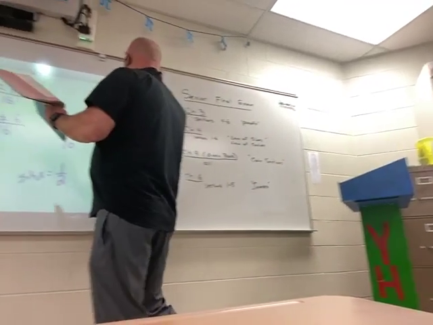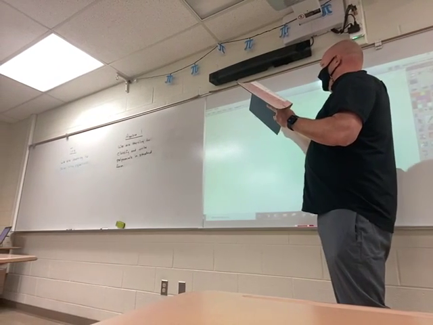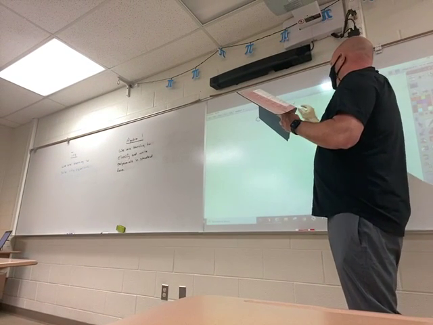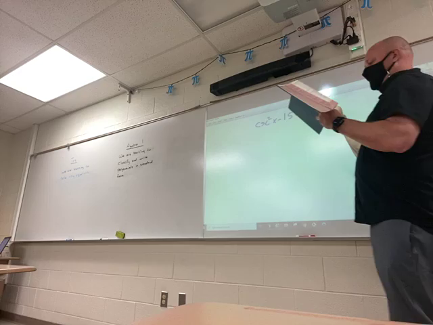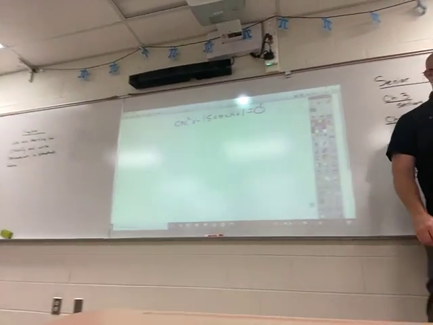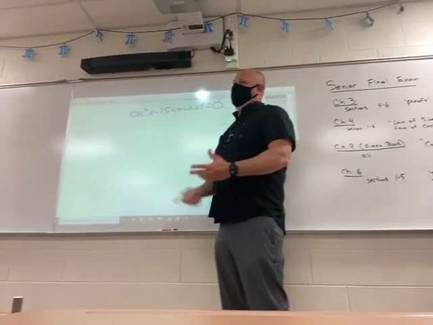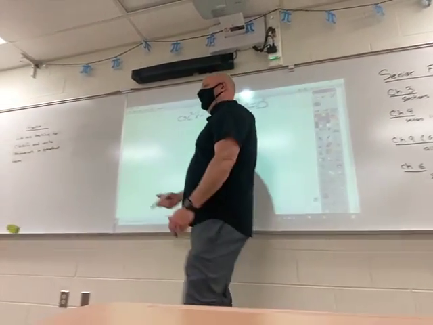All right, so that one says cosecant squared minus 15 cosecant plus 1. Well, that's obviously not going to factor, right? Like there's no two numbers that multiply to 1 and add up to 15. That ain't going to work. So, quadratic formula.